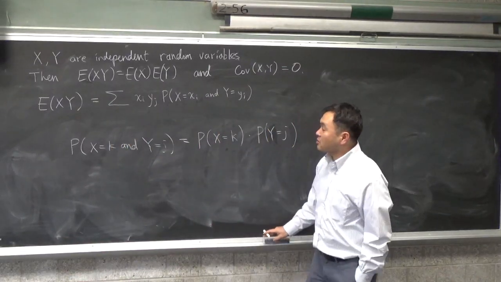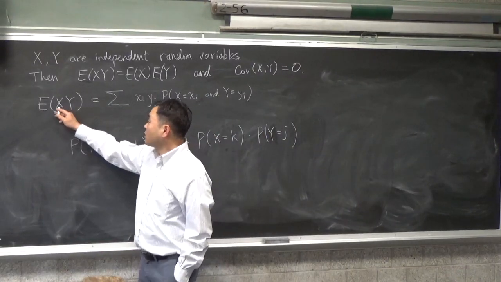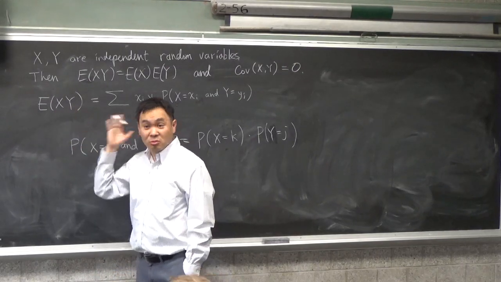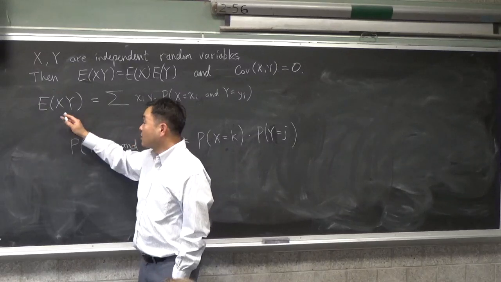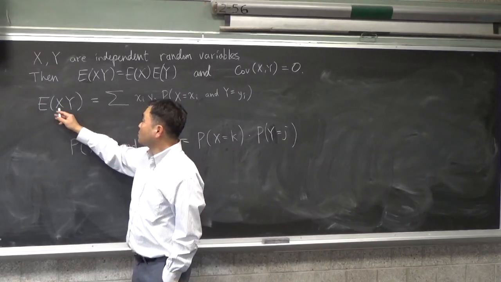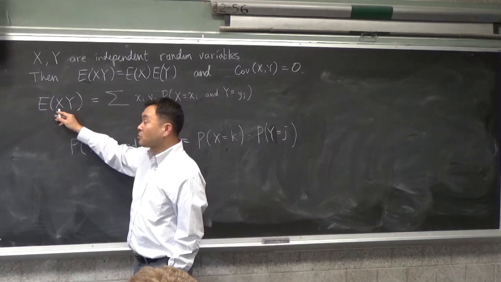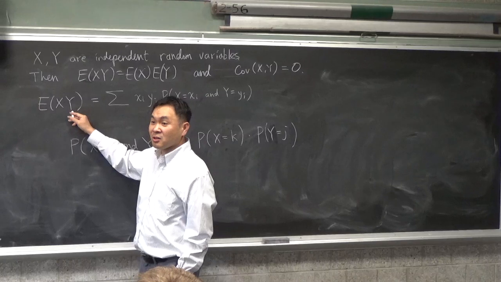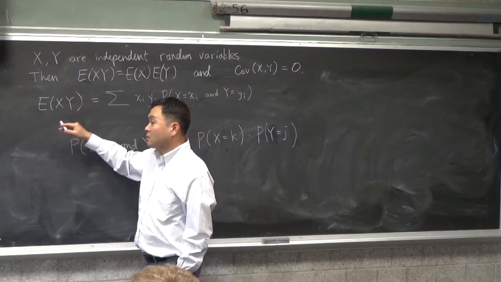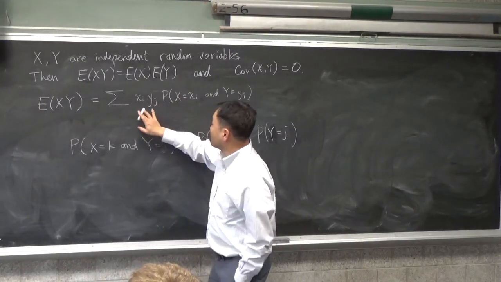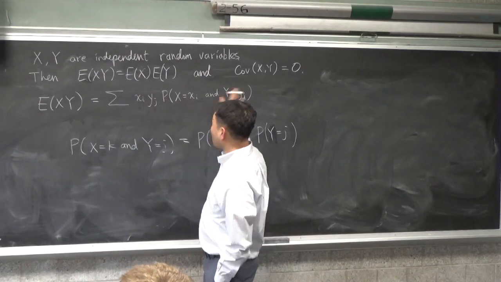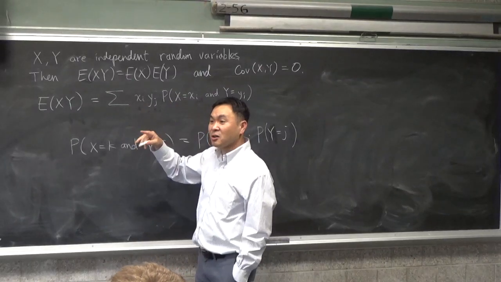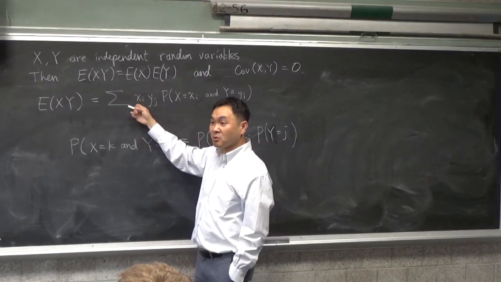So imagine that, for example, you are flipping a coin and then throwing a die. Those two things should be independent, right? And then if X takes the value of 1 for the tail and 2 for the head, and Y is simply the number that you get on the die, then this summation will be like 1 times 1 times the probability, 1 times 2 times the probability, 1 times 3 until 1 times 6, and that's for when you have tail for the coin.